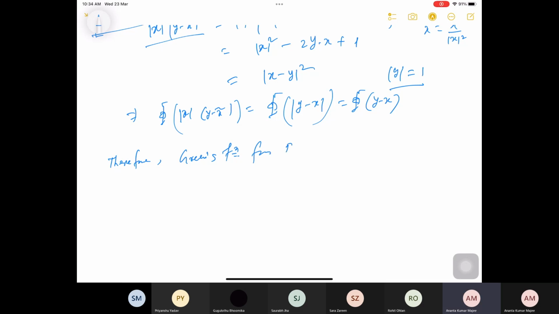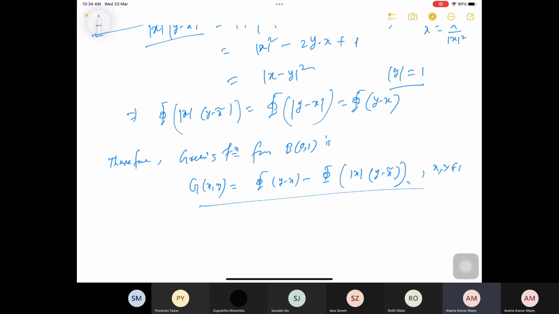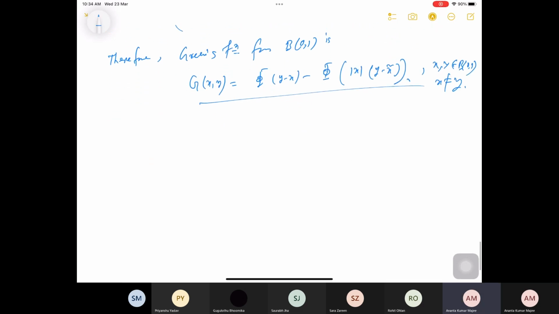Green's function for ball B(0,1) is G(x,y) equal to phi of y − x minus phi of |x|(y − x̃). This is the Green's function for the ball, for x, y in B(0,1) with x not equal to y.